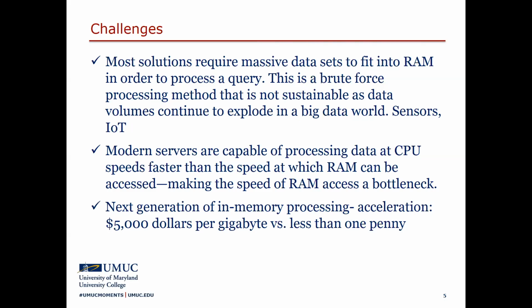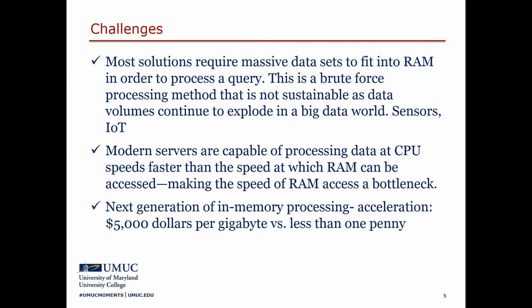So in addition to doing this at the speed of the CPU, keep this in mind, the new technology in memory analytics we're talking about processes at the speed of the CPU, not at the speed of the RAM, and with reasonable cost.